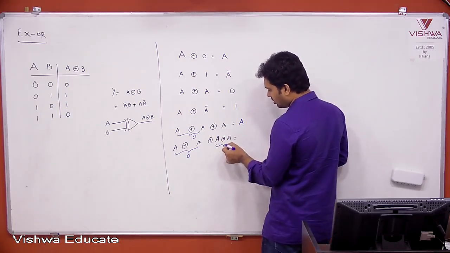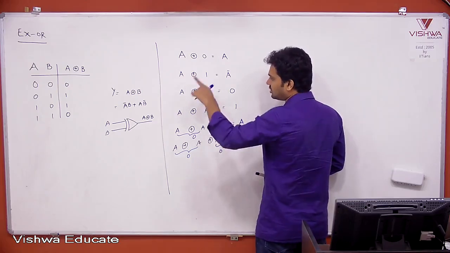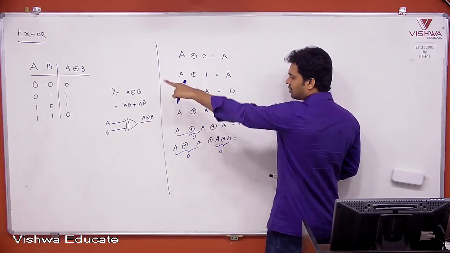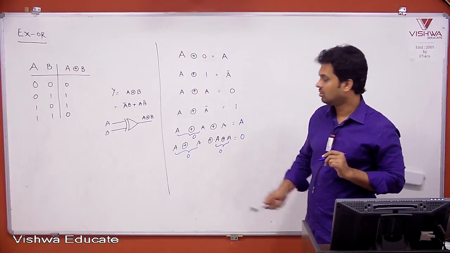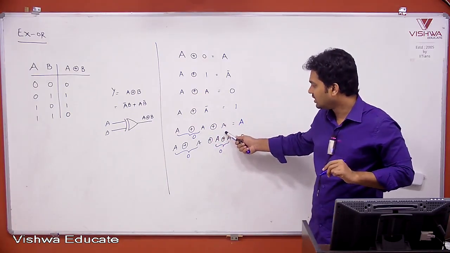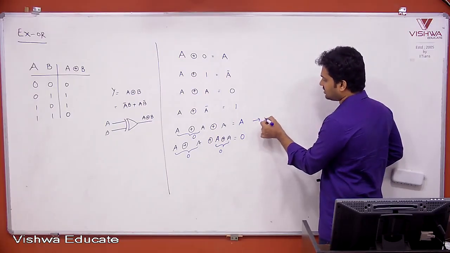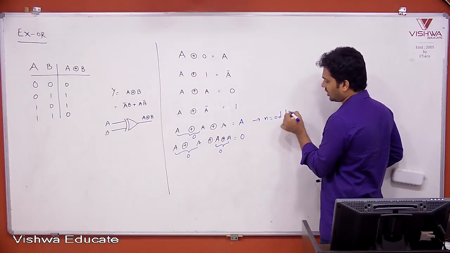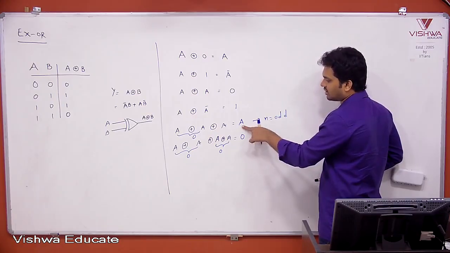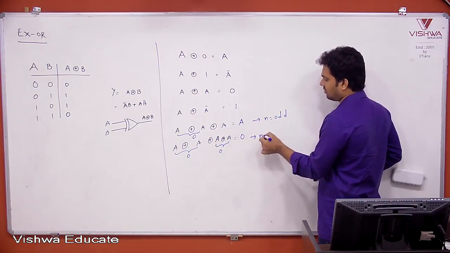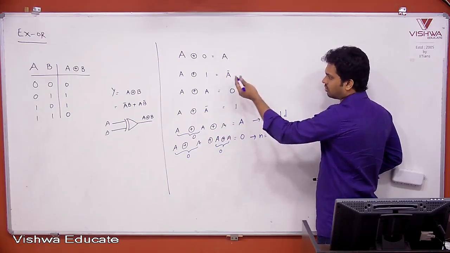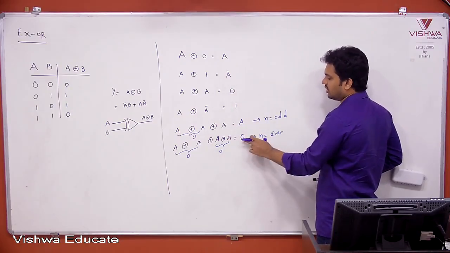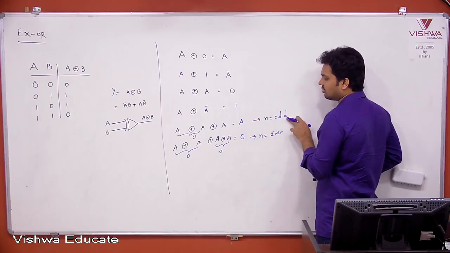A XOR A is 0, and 0 XOR 0 from the truth table is 0. Here we can conclude: how many A's? 3 A's. When odd number of A's are XORed, what is the answer? A. When n is even, whether 4 or 2 or any even number, it is 0. When it is odd, it is equal to A.